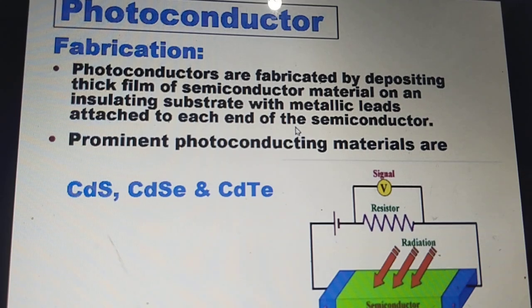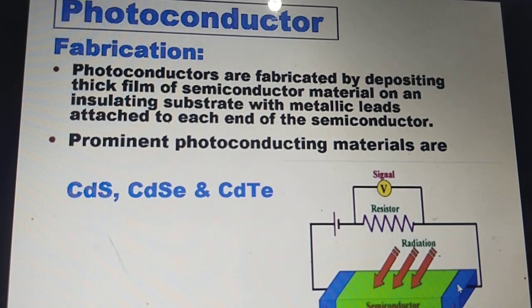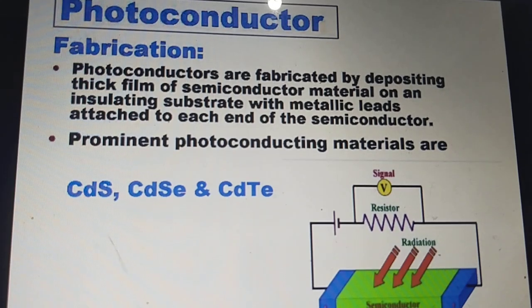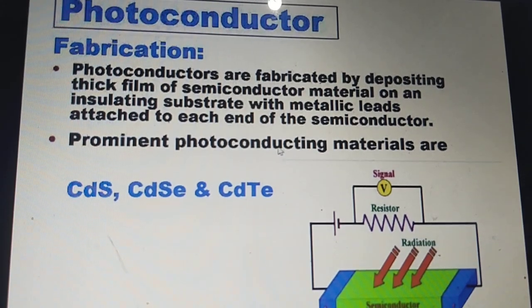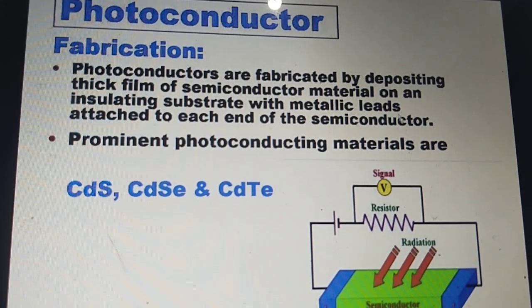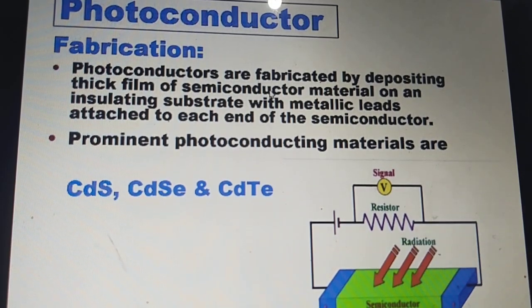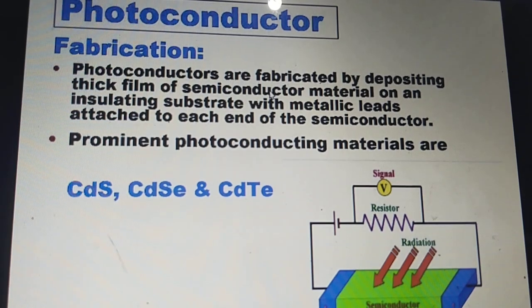When photoconductors are fabricated, you take an insulator, you deposit semiconductor on it, and to the two ends of the semiconductor you make metallization, meaning ohmic contacts, which are used to make the metallic leads. Photoconductors are fabricated by depositing a film of semiconductor material on an insulating substrate.